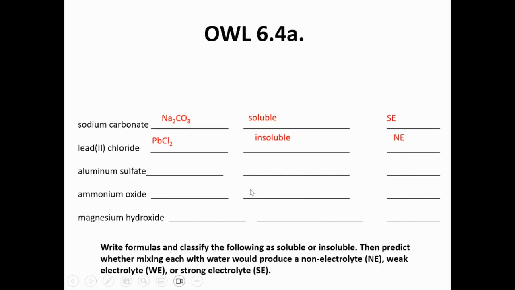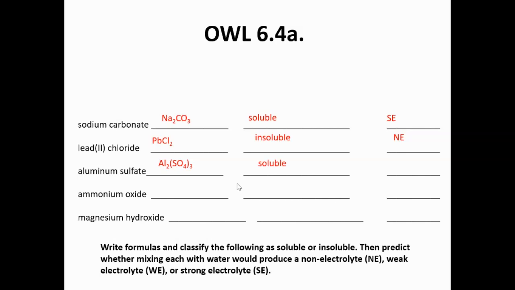Aluminum sulfate. We don't have any rules with aluminum, but we do have a rule with sulfates. That was one of our NAG/SAG salts. Sulfates are always soluble. There are a few insoluble exceptions, and they are PMS: lead, mercury, silver, and Castrobare: calcium, strontium, barium. Aluminum is not one of those insoluble exceptions.